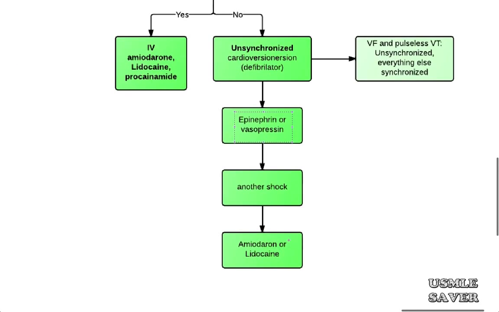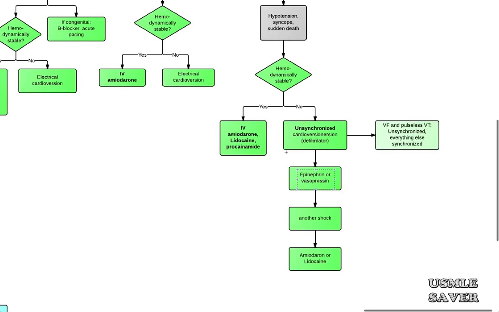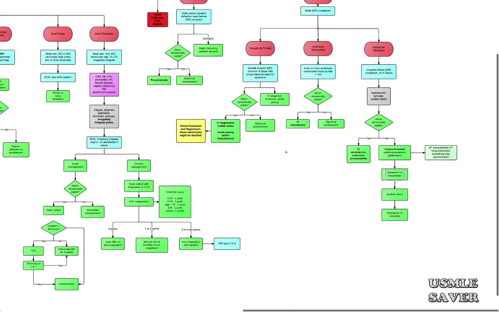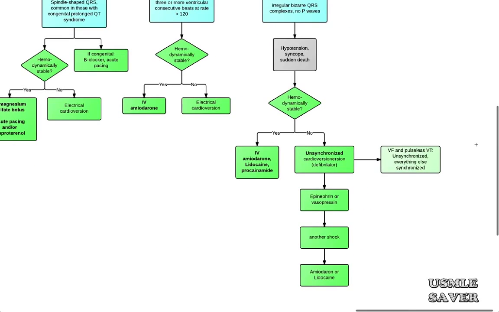One more thing you want to remember is you never want to give intracardiac drugs, which is stabbing the patient in the chest with a syringe and giving medication. These guidelines are always changing, so you want to check the latest ACLS guideline for VTAC and VFib. But the main thing you want to know from here is you can use unsynchronized cardioversion for VFib patients.